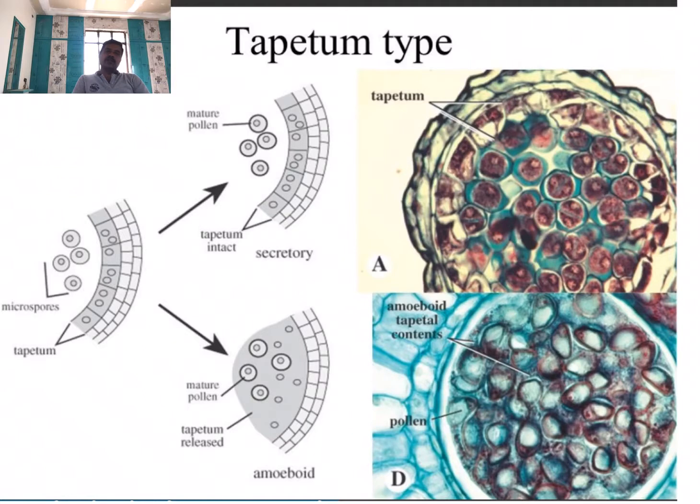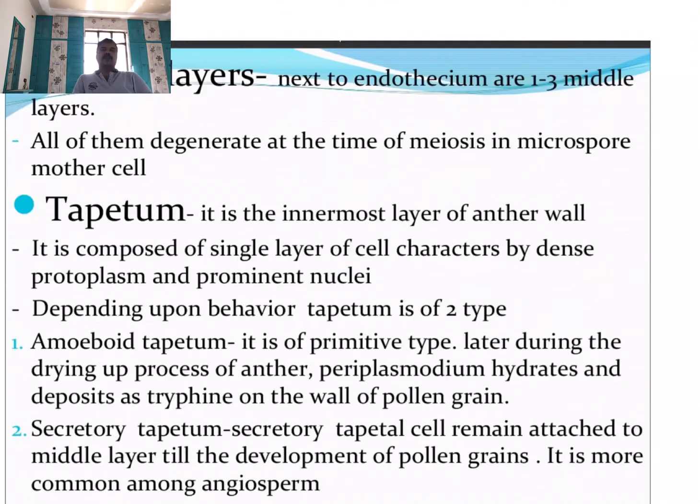First we see the amoeboid tapetum. It is a very primitive type of tapetum, found in the lowermost of the angiosperms.